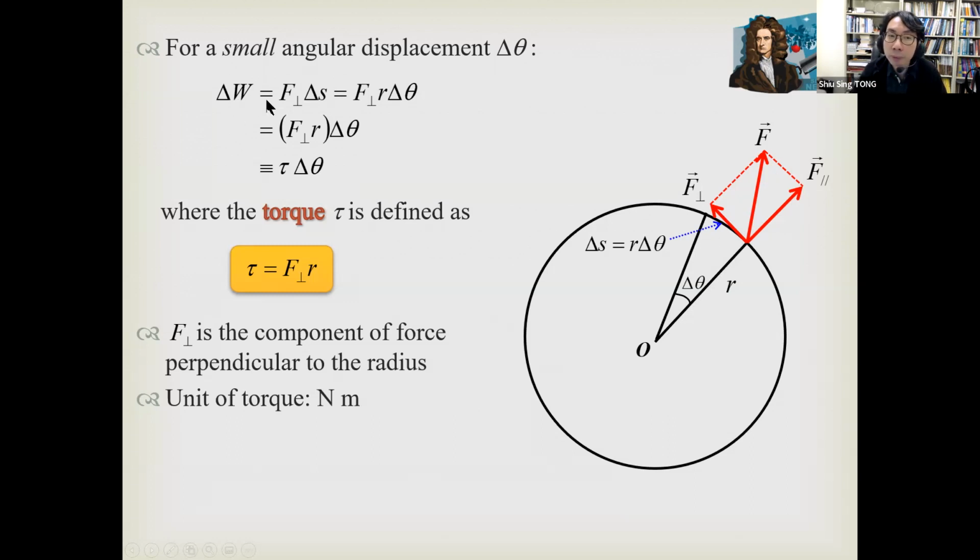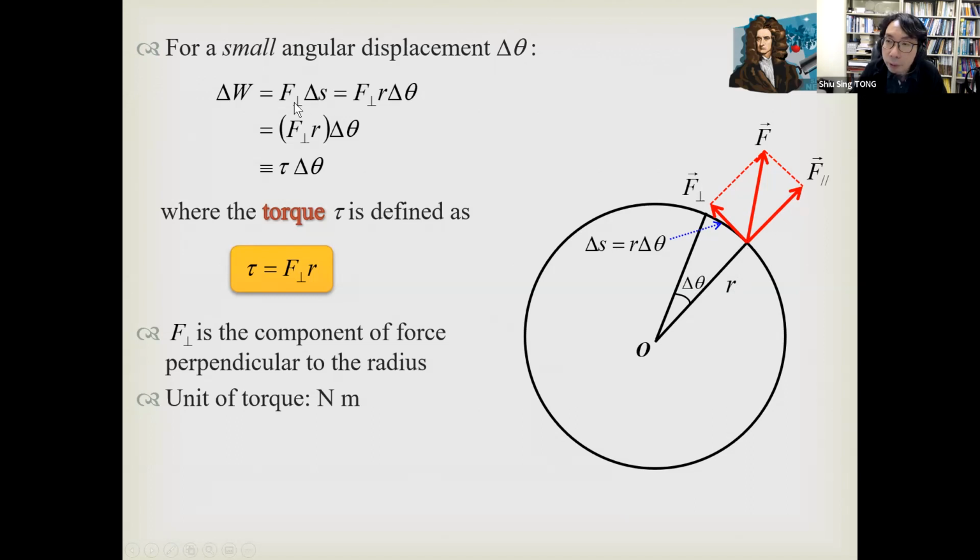Now what is the work done? Because the particle is moving along the circumference of a circle, in a small time delta t it just moves through a small angle, and the distance is the radius r multiplied by the angle delta theta. So this is delta s. And only the component of force that is tangential to the circle will do work. The component of force parallel to the radius will not do work.